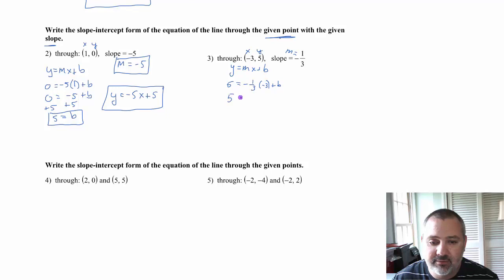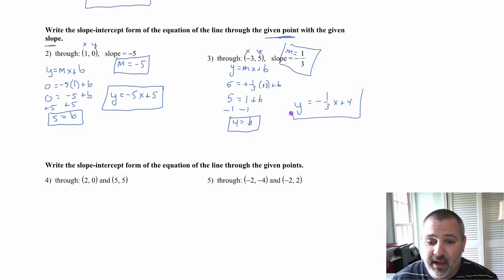So 5 equals, negative times negative is a positive, and 1/3 times 3 is 3/3, or just 1, plus b. We subtract 1 from both sides, and we get b equals 4. So we have our b value, we have our slope, so let's write our equation. Y equals -1/3 x plus 4. And there's our answer.